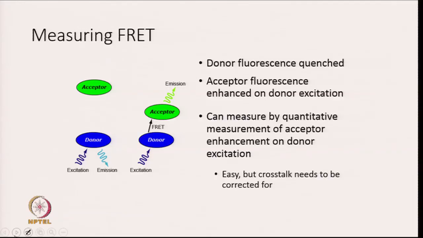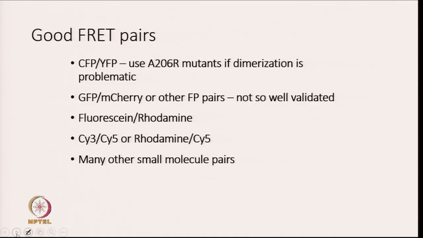The last one is based on the fact that FRET leads to donor fluorescence quenched, acceptor fluorescence enhanced on donor excitation, and so we can make a quantitative measurement of acceptor enhancement on donor excitation. It is easy, but crosstalk needs to be corrected for.